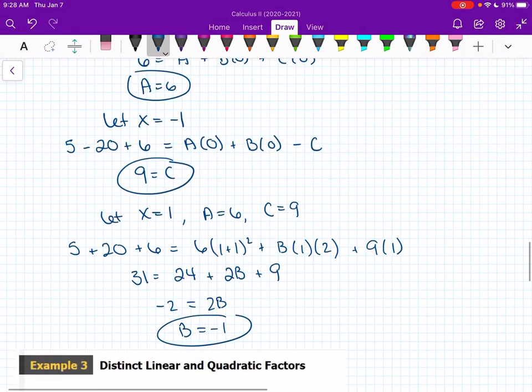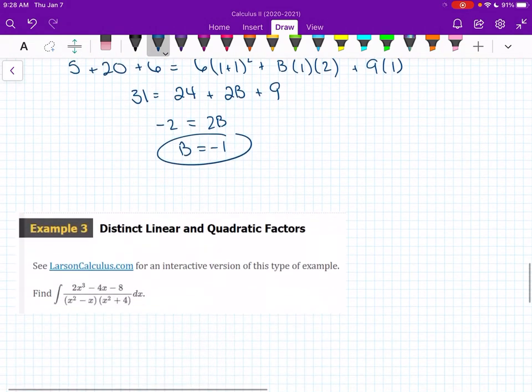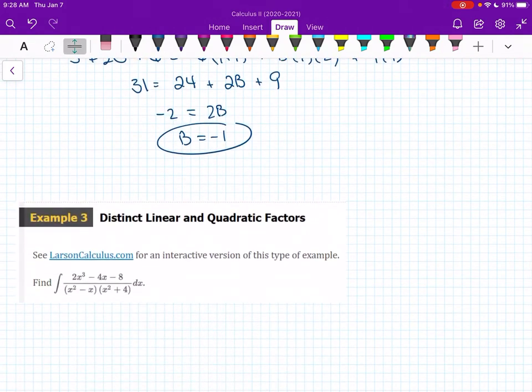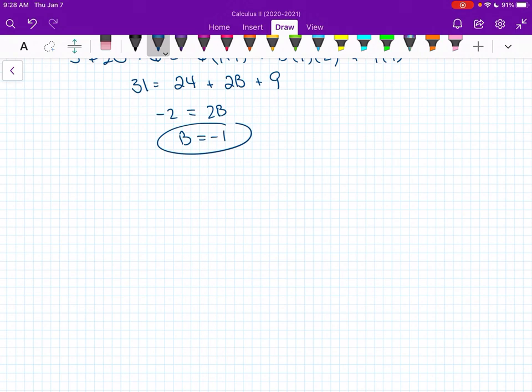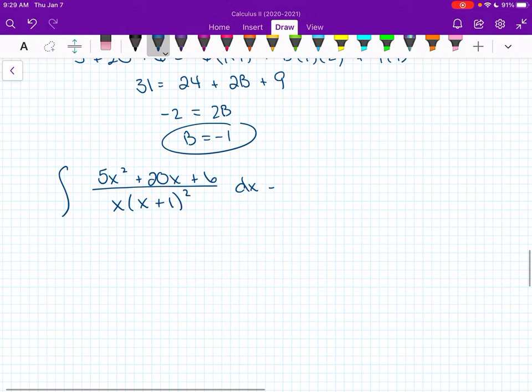So then when I put all of this together, in my integral, I can change my integral from 5x squared plus 20x plus 6 over x times x plus 1 quantity squared dx to the integral of these three fractions.